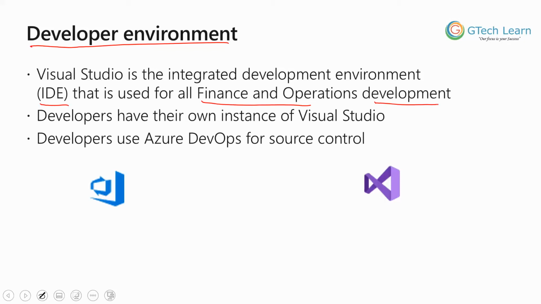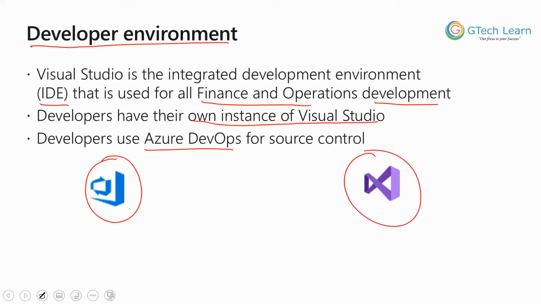So developers will have their own instance of Visual Studio, and on top of that, we can implement VSTS, Visual Studio Team Services, also known as Azure DevOps. I can go for Azure DevOps to create my CI/CD pipelines, continuous integration and continuous deployment pipelines. I can have my build and release definitions as part of that. So majority of that, when we talk about the developer tools, is what we have here.